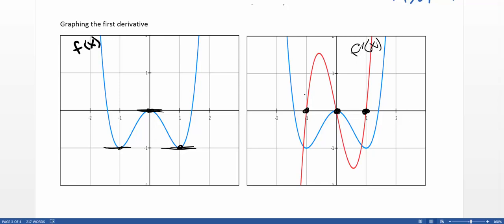Now, once we have our zeros in place, we need to look at what the original function is doing in terms of increasing and decreasing to determine if the derivative is going to be positive or negative. So we read graphs from left to right. So for f of x, the first chunk from approximately -2 to -1 is decreasing. Since it's decreasing, that means that my derivative function needs to be negative.